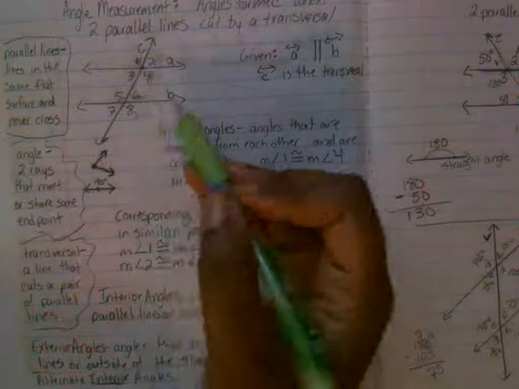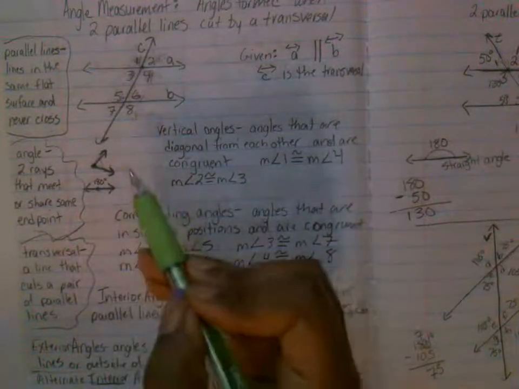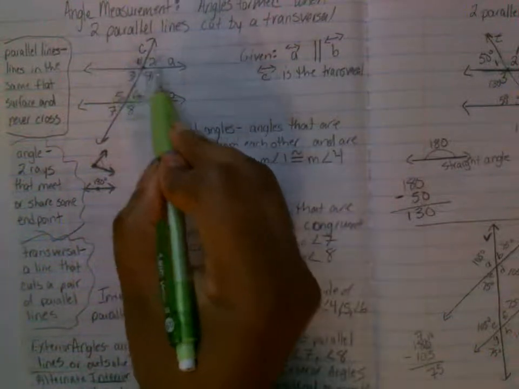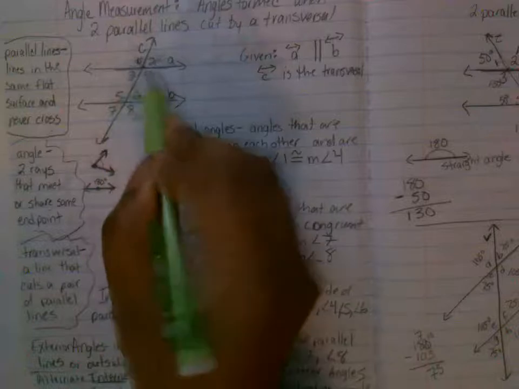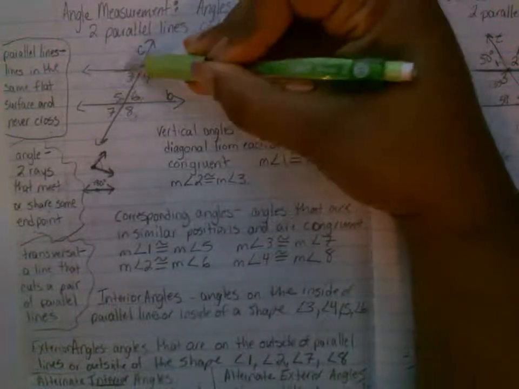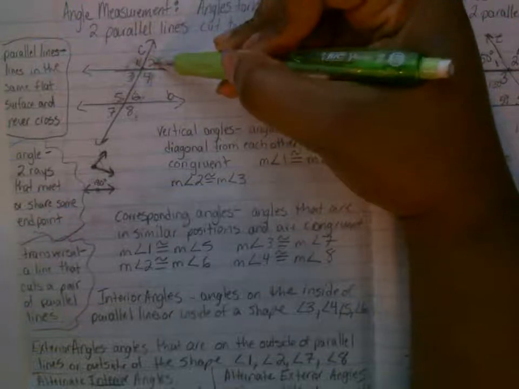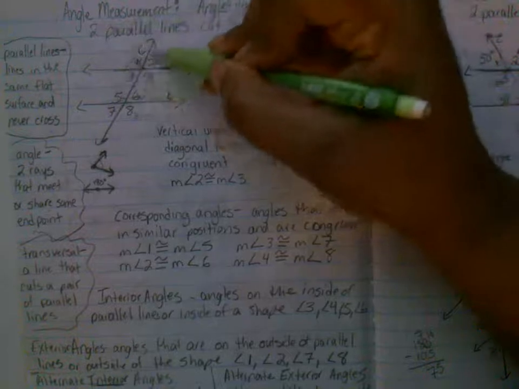And we've also talked about the last one that we didn't write. We wrote this down before, but we didn't write it on this paper. Supplementary angles. Those are 2 angles that add up to be a straight line or 180 degrees. Angles 1 and 2 form a straight line here. So when I add 1 and 2 together, that gives me 180. You see how 1 and 3 form a straight line here.